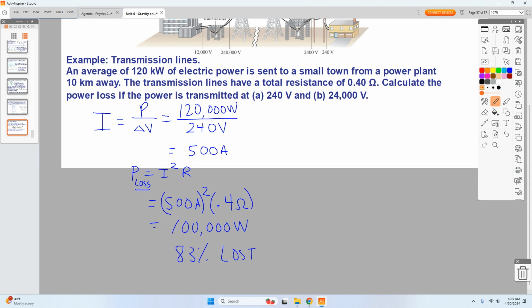The other 83% is just lost. Now, what I'd ask you guys to do is do the exact same thing, but now transmit it at 24,000 volts. You guys do the same calculations there with pumping that voltage up to 24,000 compared to 240 volts.